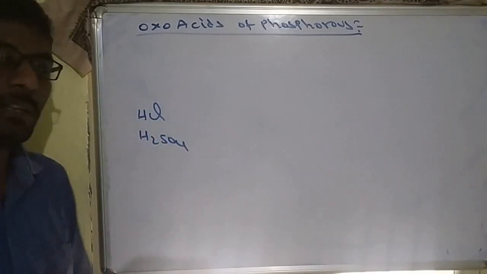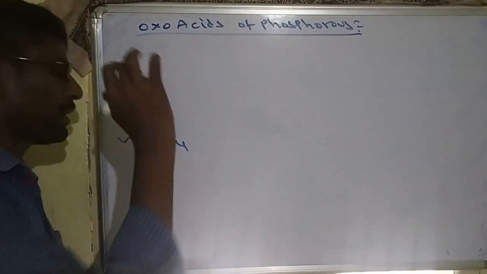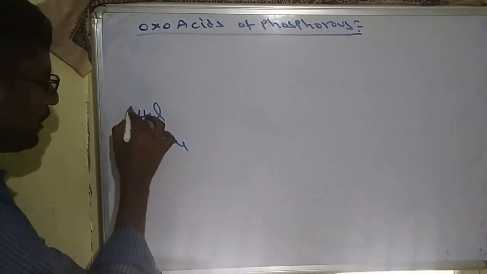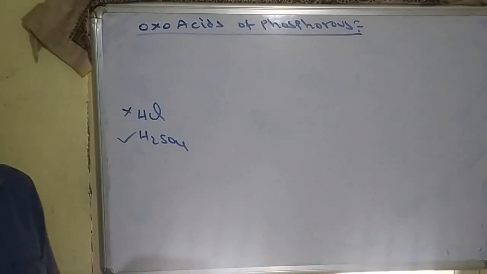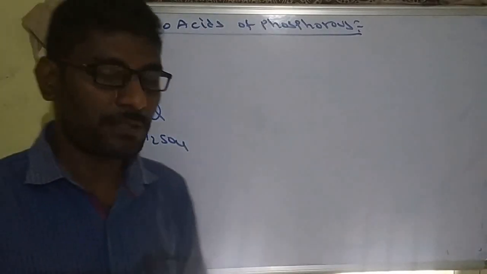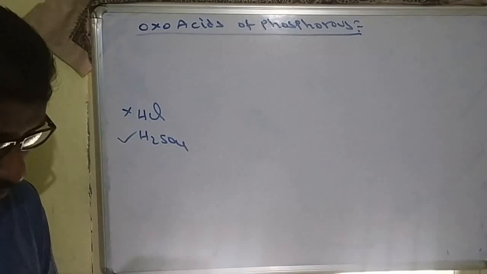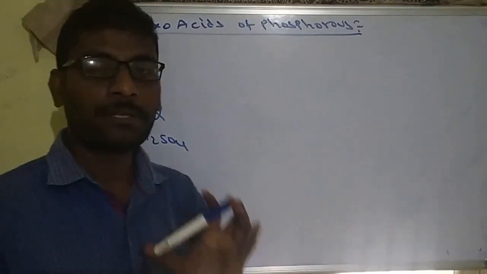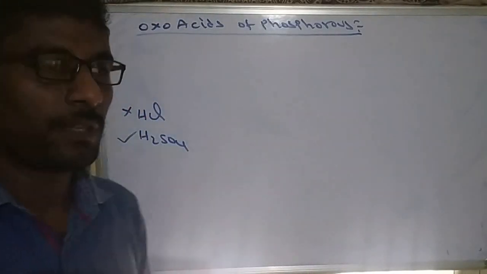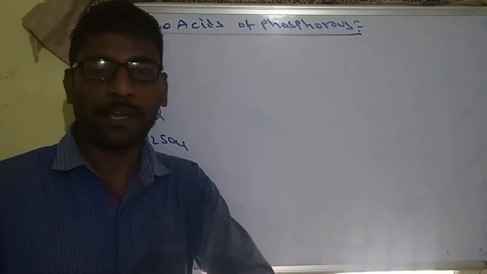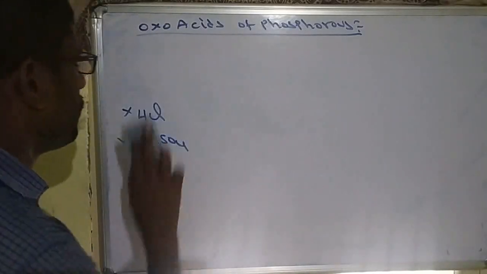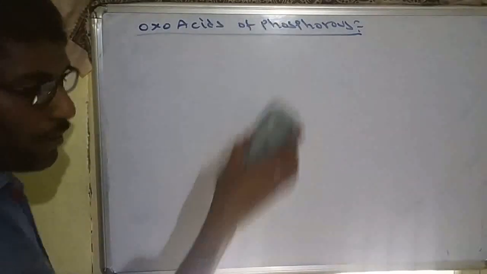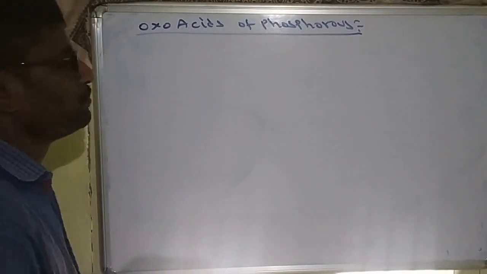H2SO4 is also an acid. H2SO4 we can call an oxo acid, whereas HCl we cannot call an oxo acid. What is meant by oxo acid is: if an acid contains at least one OH group, then that acid is called an oxo acid. So we are studying oxo acids of phosphorus.